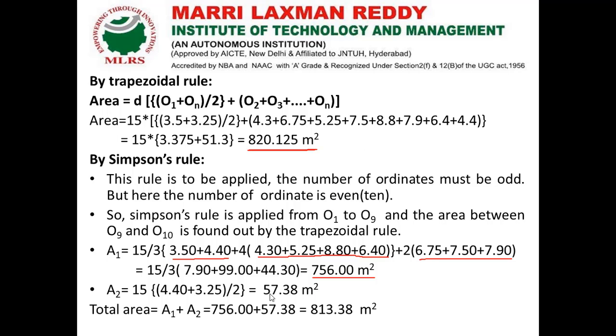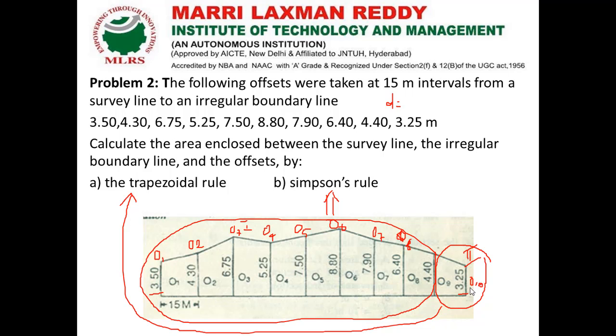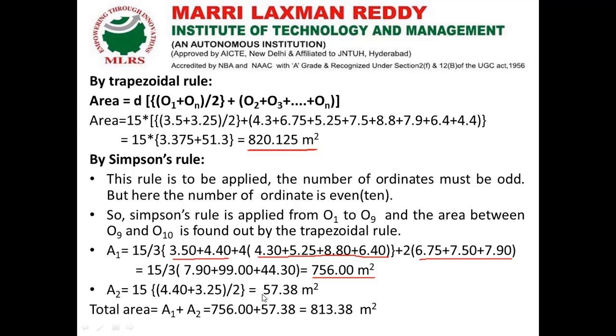So 15 into 4.4 plus 3.25 divided by 2, we get 57.38. By adding these two, A1 plus A2, we get the total area of the field, that is 813.38 meters squared.